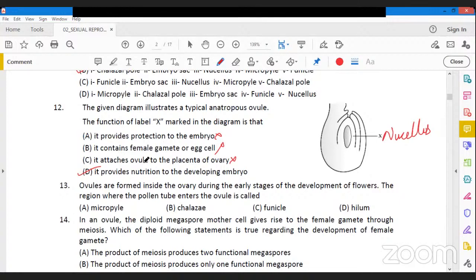Next, the 13th one. Ovules are formed inside the ovary during the early stages of development of flowers. The region where the pollen tube enters the ovule is called what?